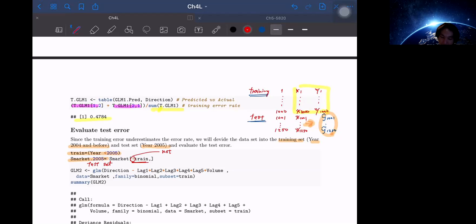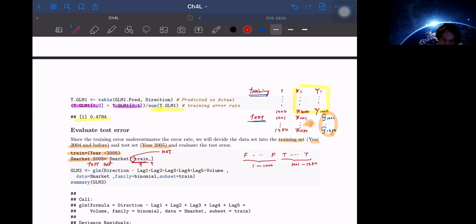The first 1,000 observations are false, and the remaining 250 observations are true. So this is 1 to 1,000 and 1,001 to 1,250. If we put this vector here, we can extract the test set. And we didn't specify columns, so we get all columns in the original S market data.